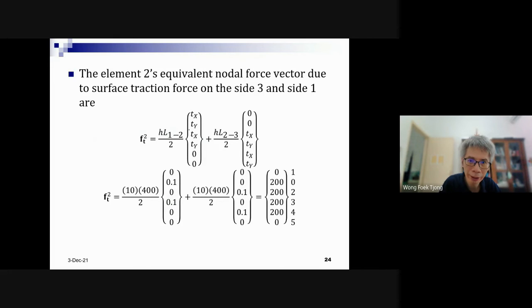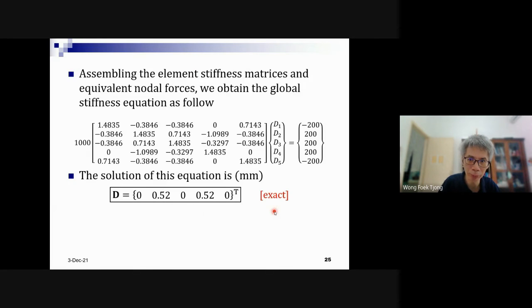This one, okay? Side 1, 2, and 2, 3, okay? And then plug in the numbers there, and then compute it. And then we obtain the equivalent forces, both for element number 1, number 2, already, stiffness matrix already. So we just assemble them to obtain this one, okay? This is the same stiffness matrix as the previous example, but this is different.